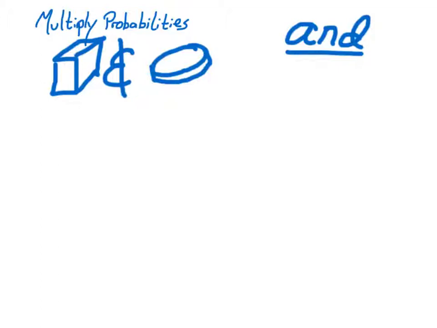So in this first case, I have a dice and a coin, and I'm wondering, what is the probability of rolling a 1 and a heads?